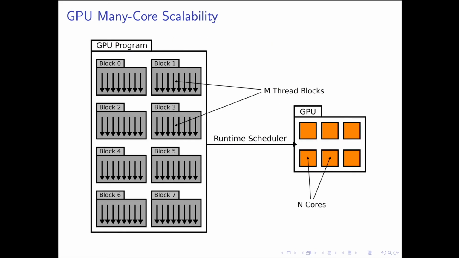And here's actually the very same diagram again. We have our GPU program, our compute workload, and the compute workload is subdivided into blocks by the user, and the blocks are subdivided into threads. So this is basically the grid that we discussed.